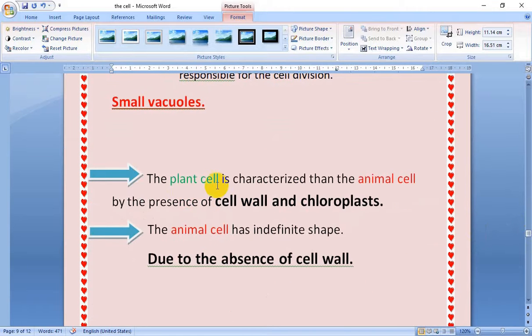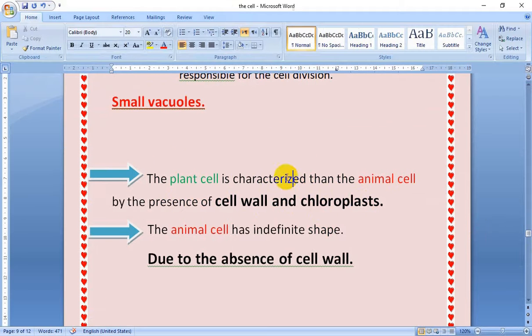So the plant cell is characterized than the animal cell by the presence of cell wall and chloroplasts. So cell wall and chloroplasts are in the plant cell but not in the animal cell. Characterized means plant cell has something not in the animal cell.